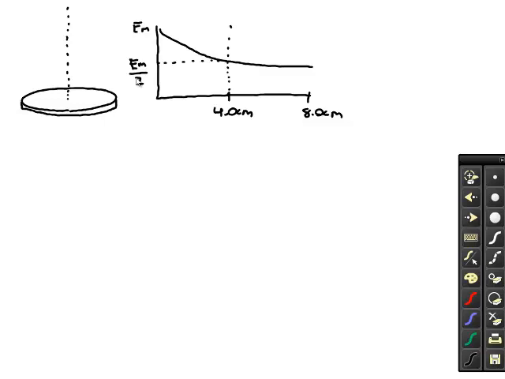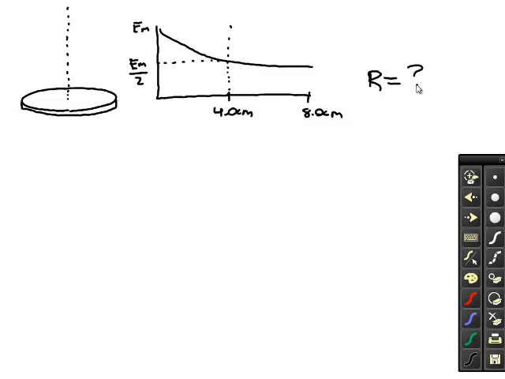Okay, so then they say, what's the radius of the disk? Now, we've got this cool equation for a disk. Again, I'm not sure I would spend your life memorizing this stuff.